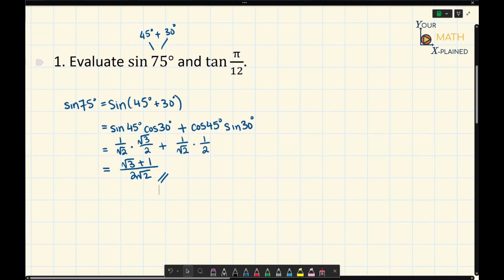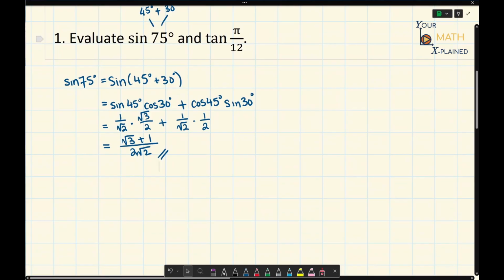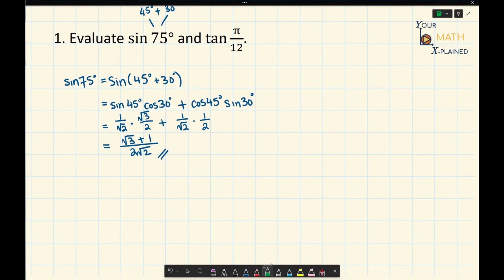Now the other angle that we're asked to evaluate is tan of pi over 12. So the first thing we need to do is rewrite the angle, which is pi over 12, in terms of 2 special angles, because that's the only way we're able to evaluate this without a calculator. So if you play around with that for a little bit, you'll realize that pi over 12 is equal to pi over 3 minus pi over 4.